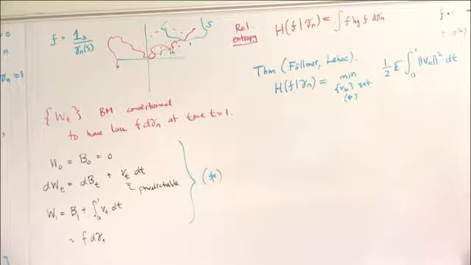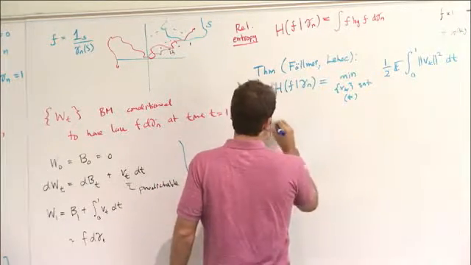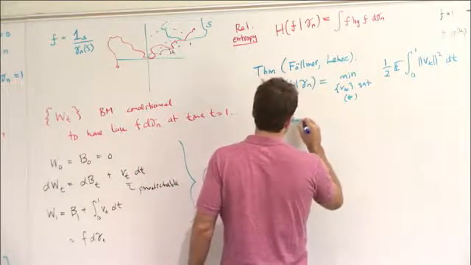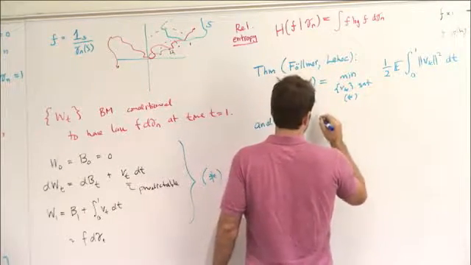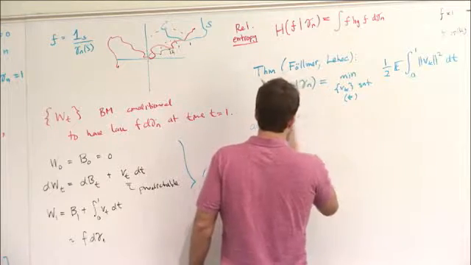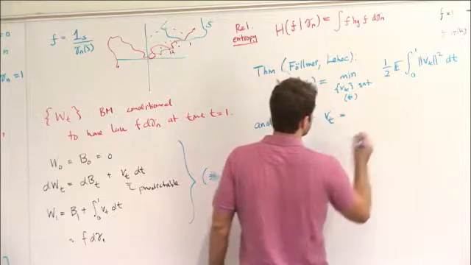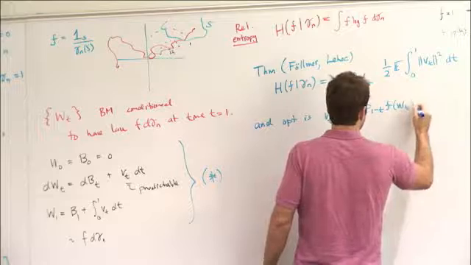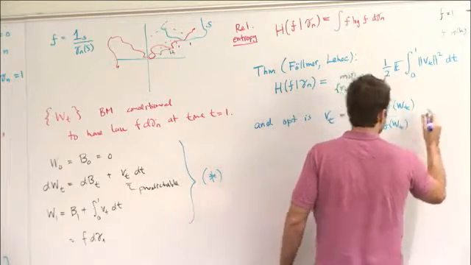This is the equation, and even more than that, there's an explicit form for the optimal V_t. The optimum is attained and it is unique, and the optimizer V_t has a formula that I'll explain in just a second.